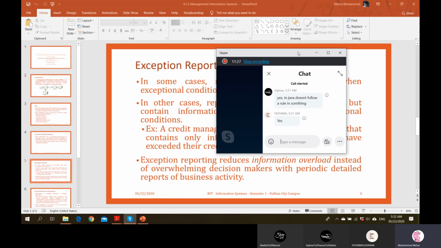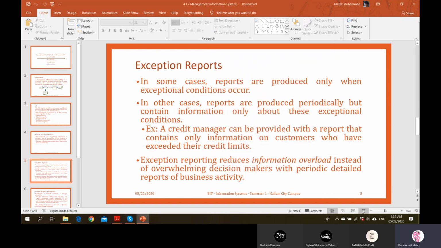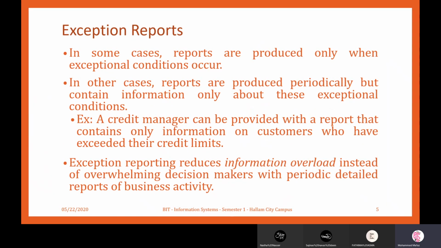Because of some special case. So in systems, when you are using some kind of MIS system, as I mentioned in the previous one also, periodic reports will send the regular reports. But now let's say there is a disaster, or a website suddenly got shut down in the middle of the night.